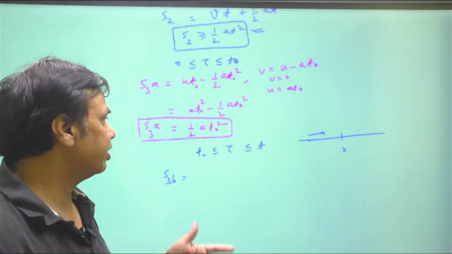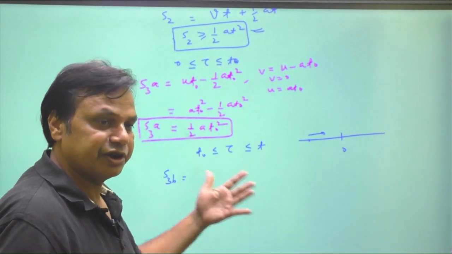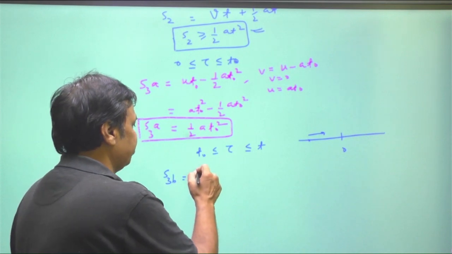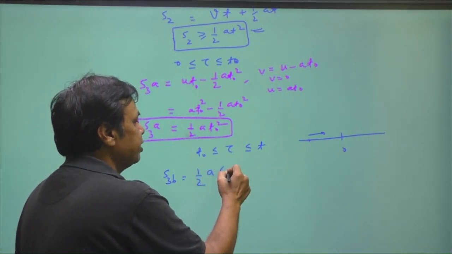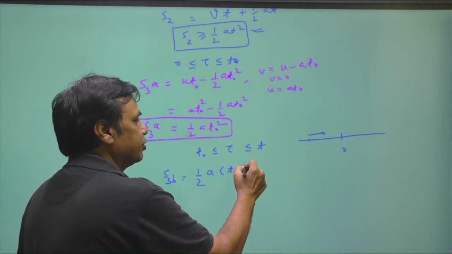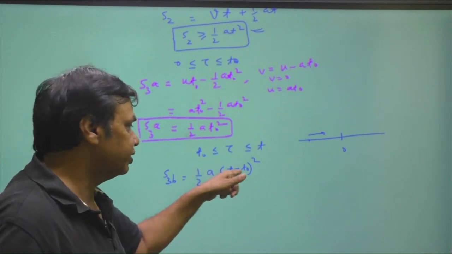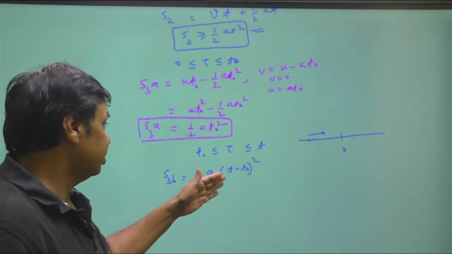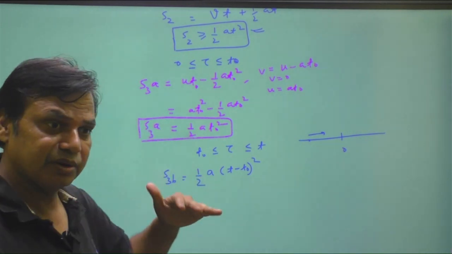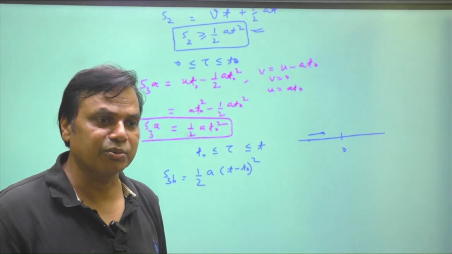So you can write simply half at square, and that is going to be half a, t minus t naught, square. You already spent this t naught time, so the origin of time has been taken at the moment when the motion starts.